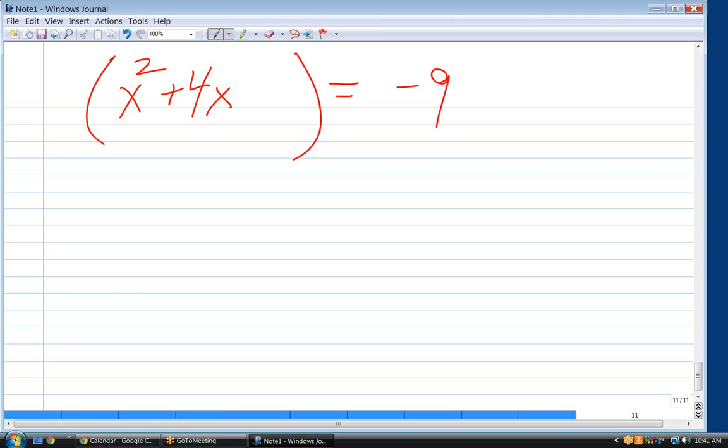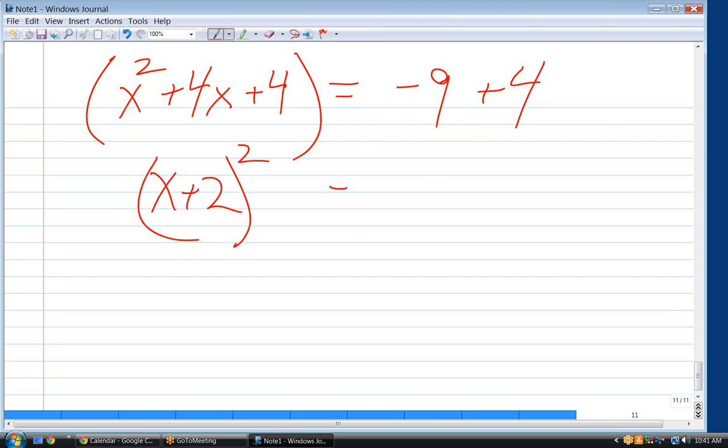So you divide 4 by 2 and then square it, so you would add 4 to both sides. And it'd be x plus 2 squared equals negative 5.